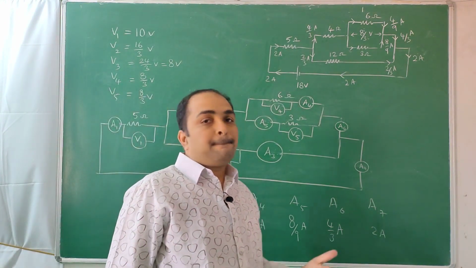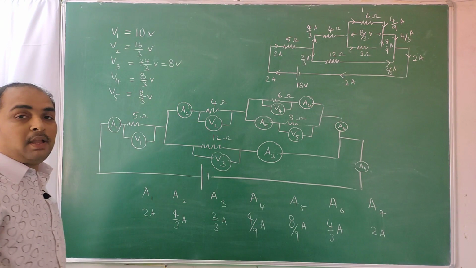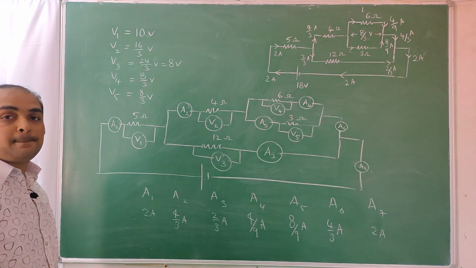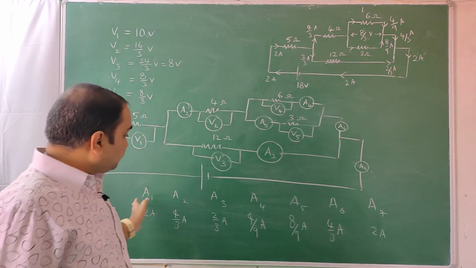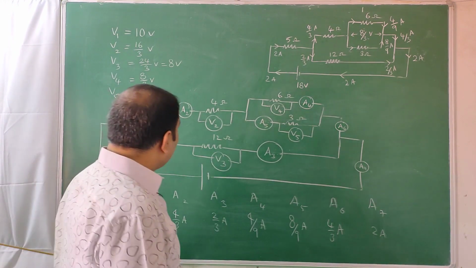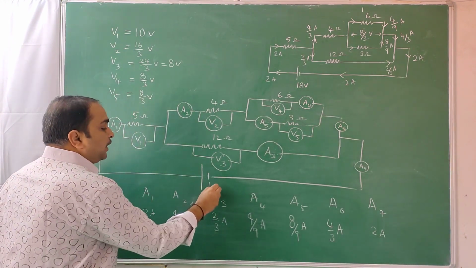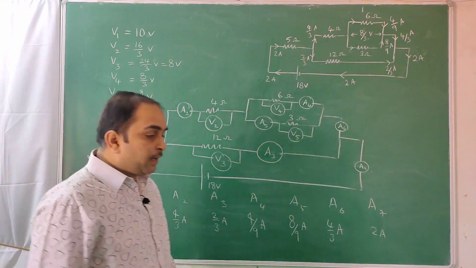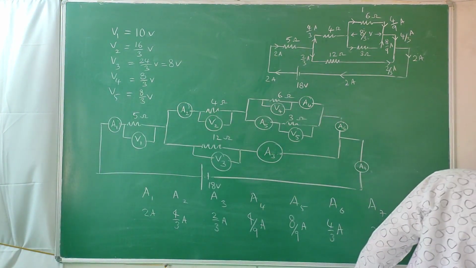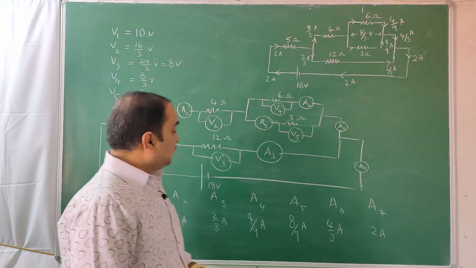So everywhere we got the same answer. So many questions, so many answers. Now what was the voltage of this battery? 18 volts. Instead of 18 volts, you take it to be 90 volts.